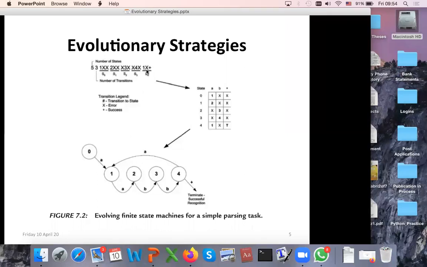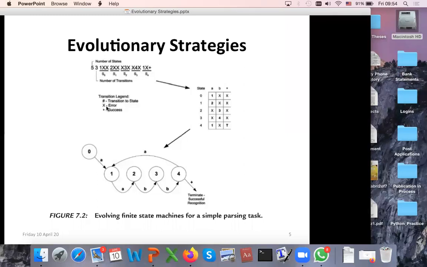And similarly, X means from S4 by taking B, there is an error. There is no transition available, you can say. So from S4, X means there is no transition available. Here it is mentioned as error, but it actually means there is no transition.